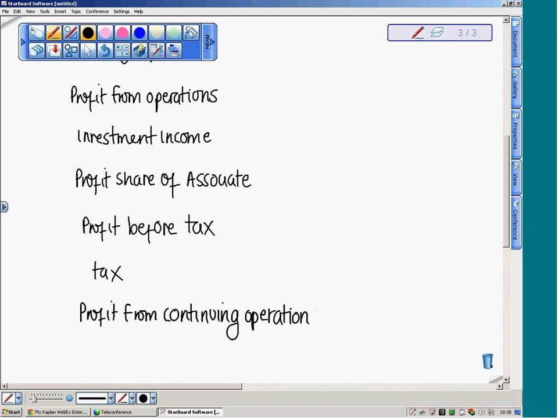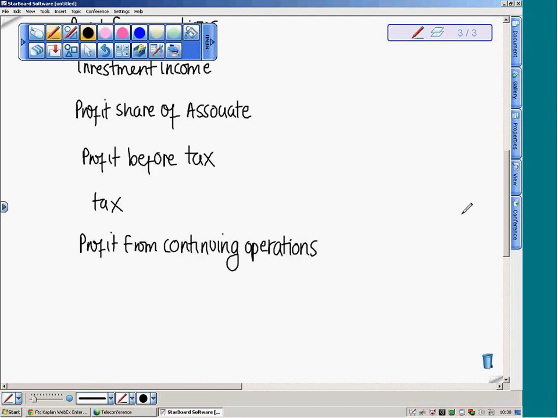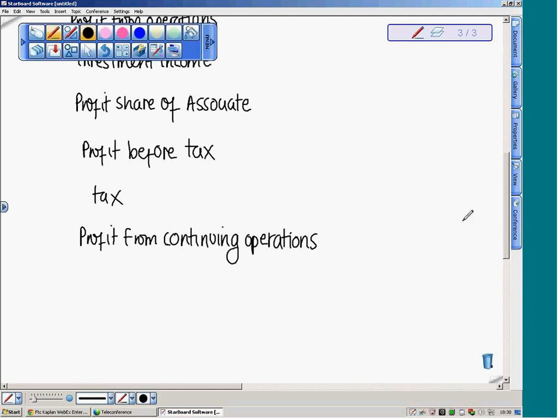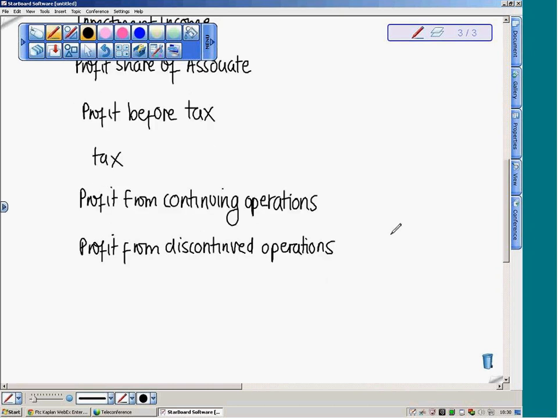We can know that there has been a disposal of our subsidiary during the year. And remember, in your exam, it will only be full subsidiary disposals. Part disposal you'll address later. Here, we need to have a line for profit or loss for discontinued operations. We want to have total profit for the year.